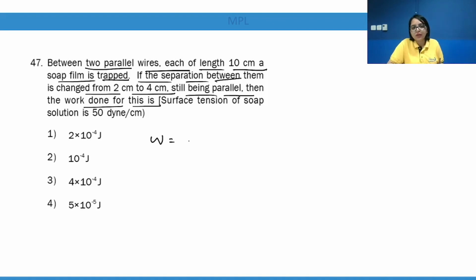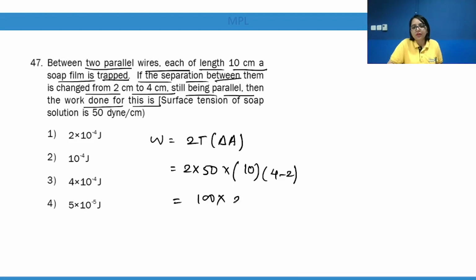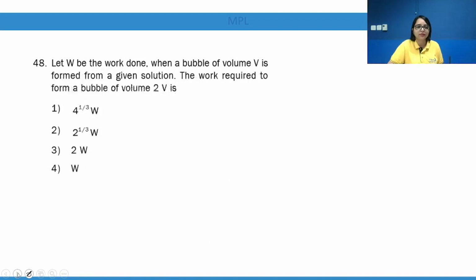So work done will be 2 times surface tension into delta A. So this is 2 times 50 into delta A, which will be 10 into 4 minus 2. So it will be 100 into 20, which is 2000, right? It is in erg because all the units are in CGS system. So if you convert it into joules, you'll get your answer as 2 into 10 power minus 4 joules.